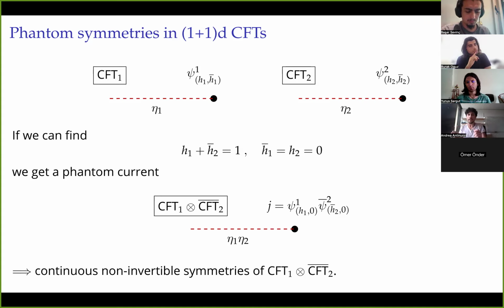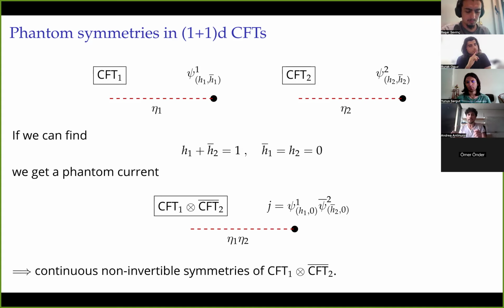For a very simple reason, that the twisted sector of an anomalous line cannot be a holomorphic current. Okay? But eta1 and eta2 singly can perfectly be anomalous, and that will actually be the interesting case.